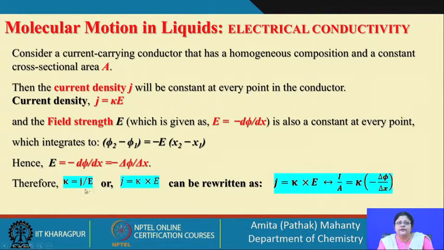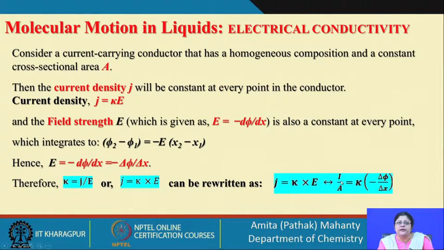Since we have this expression previously derived, kappa is J by E, and J, the current density, is equal to kappa into E. So, we can rewrite J in terms of kappa and E. This is kappa into E, and what is kappa? Kappa we have defined as 1 by rho.